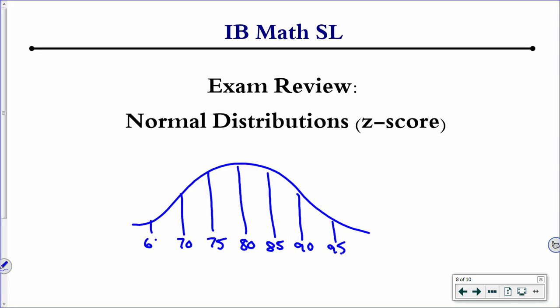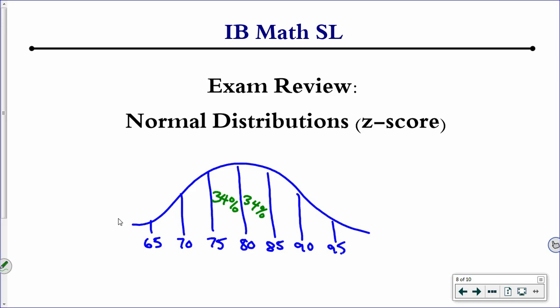There's only a tiny percent of the data that would lie outside of 3 standard deviations above and below the mean. And then we should be familiar with the percentage of the data that lies within each of these regions. So no matter what your x-axis is, if it's the weights of soda cans that are normally distributed or test scores, the weights of newborn babies, whatever it is they're telling you is normally distributed, the percentage of data that falls between a mean and a standard deviation is always approximately 34%, whether it's one standard deviation above or below the mean.